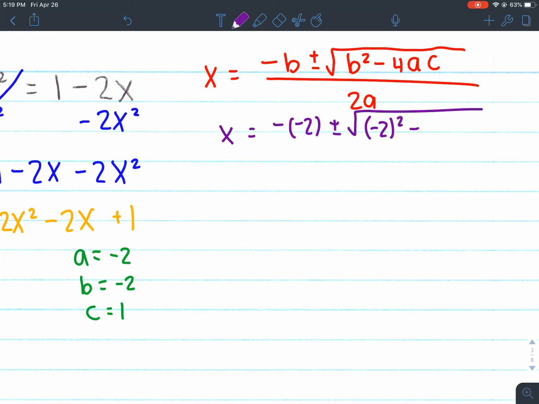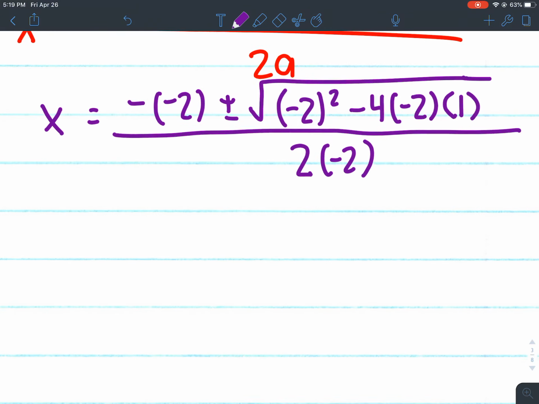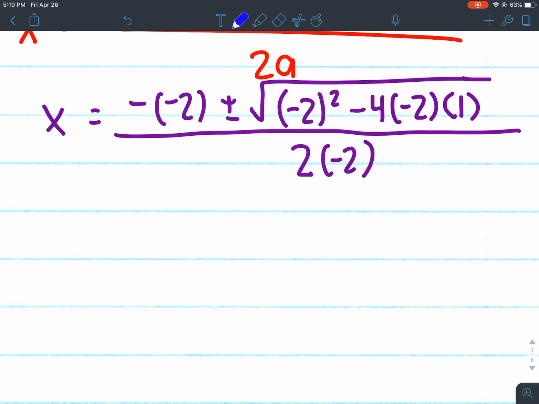Remember, you plug in with parentheses, you do not want to forget that, and you plug it into your calculator exactly the way you see it. Don't try to skip the parentheses because you might get something wrong. And then my a is negative 2. All right, so I plugged in my a, b, and c everywhere that I've seen the variables, so you should have something that looks like this, and I'm going to simplify.